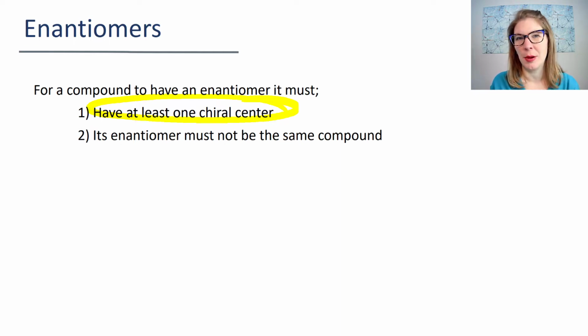We're going to talk about that a little bit more when we get into some examples. But in order for us to have an enantiomer, we have to have a chiral center. And when we draw the two enantiomers, we have to double check to make sure that we haven't actually drawn the same compound twice, because that is possible in some situations.